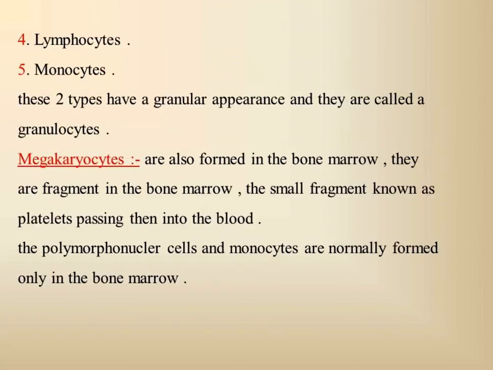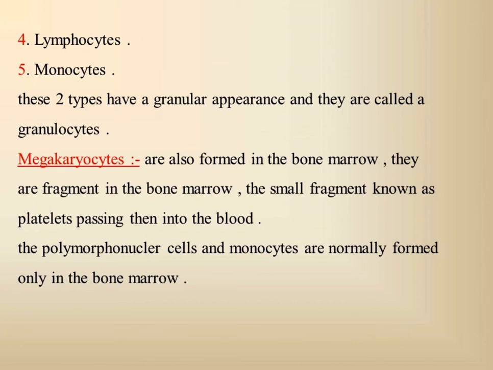Number 4 and 5 are lymphocytes and monocytes. These 2 types have agranular cytoplasm and are called agranulocytes. So, 5 different types of white blood cell are found in the blood, 3 of them granular and 2 of them agranular.